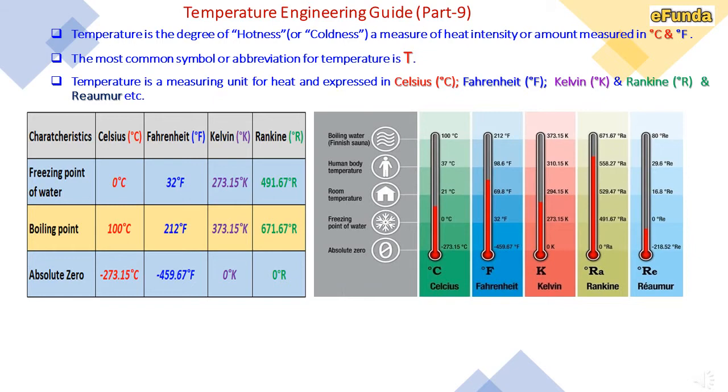The freezing point of water is 0 degree Celsius, 32 degree Fahrenheit, 273.15 Kelvin, and 491.67 R Rankine. The boiling point of water is 100 degree Celsius, and the equivalent conversions are also given. Absolute zero is minus 273.15 degrees Celsius, and subsequent conversions are also defined in the table.